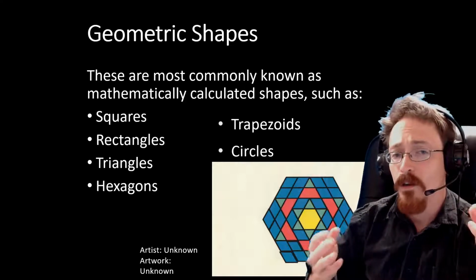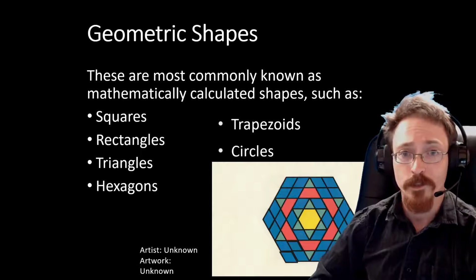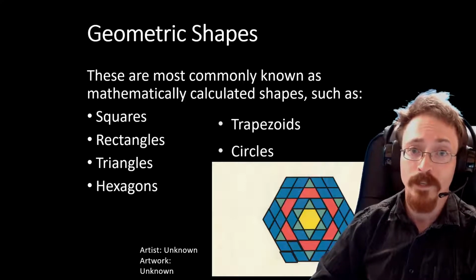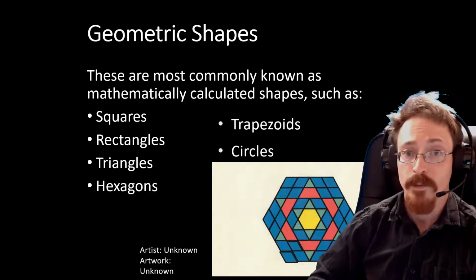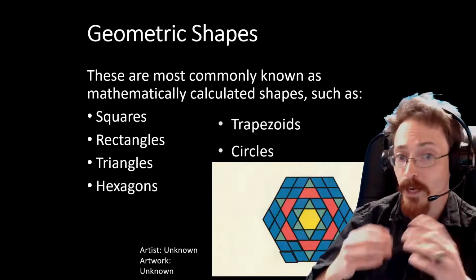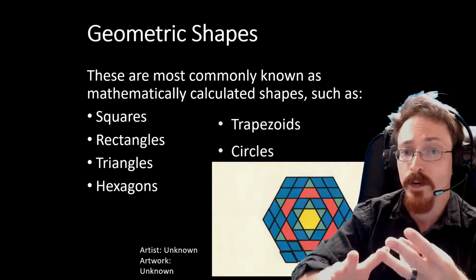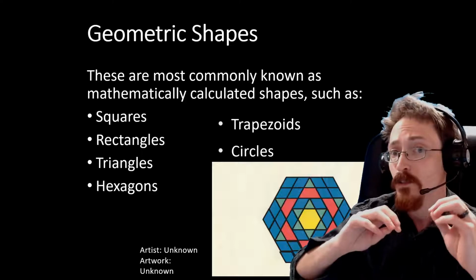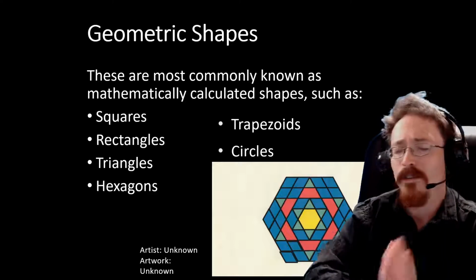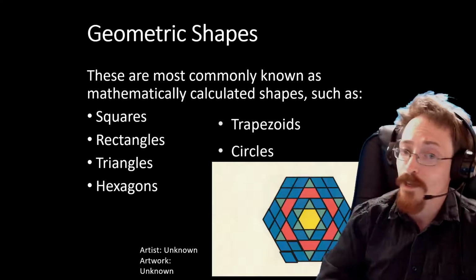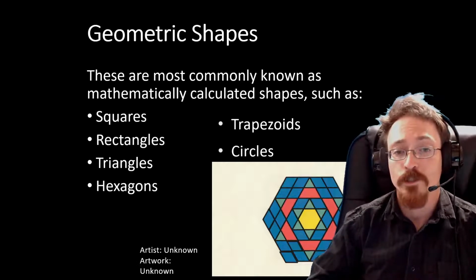So all of the shapes that you see on the screen right now are created using math. You can use math to create a square, a rectangle, a triangle, a circle. You can recreate those infinitely, and it's very easy to do using math. That's what geometric shapes mean.